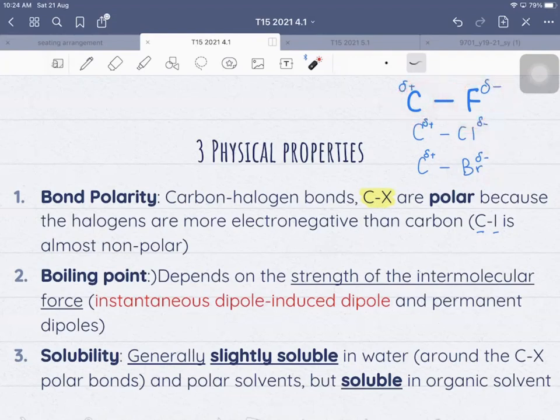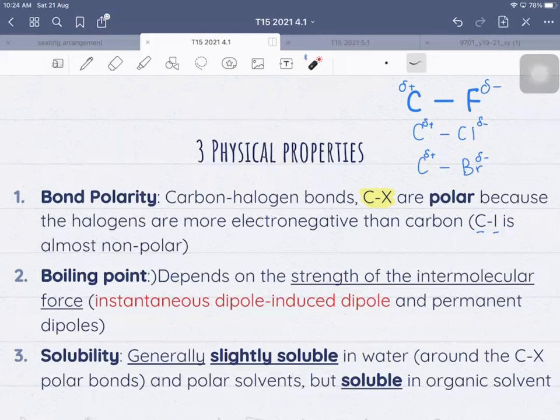Going back here, we know that in halogenoalkanes the carbon-halogen bonds, or the C-X bonds, are polar, whereas the rest of the molecule, the carbon-carbon and carbon-hydrogen bonds, are nonpolar, because they don't have a big difference in electronegativity.